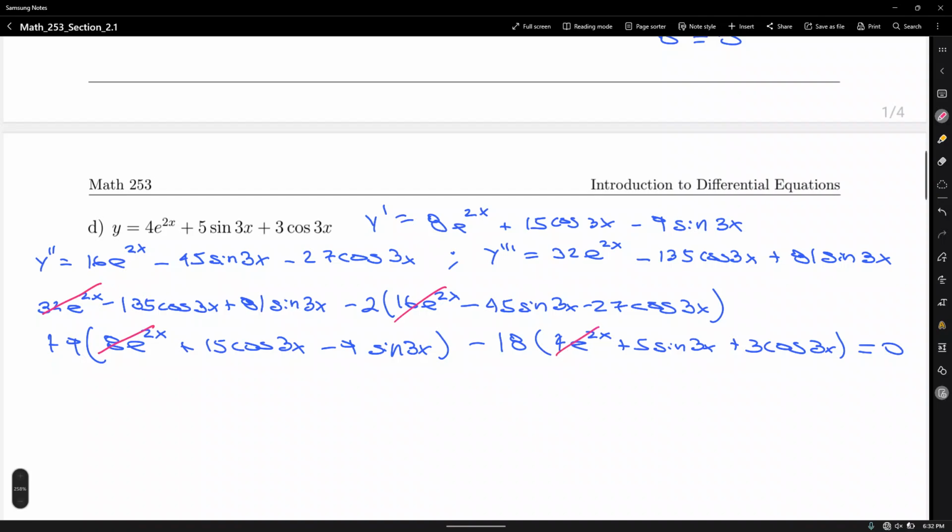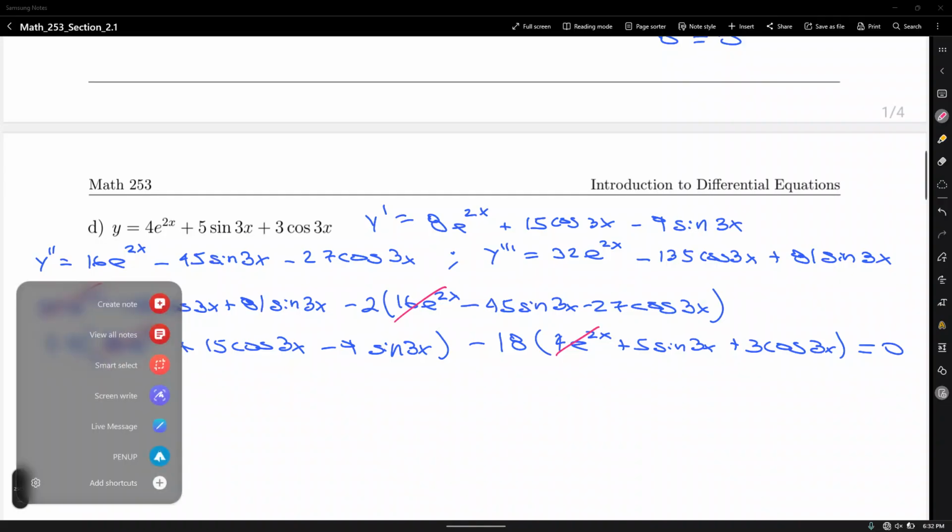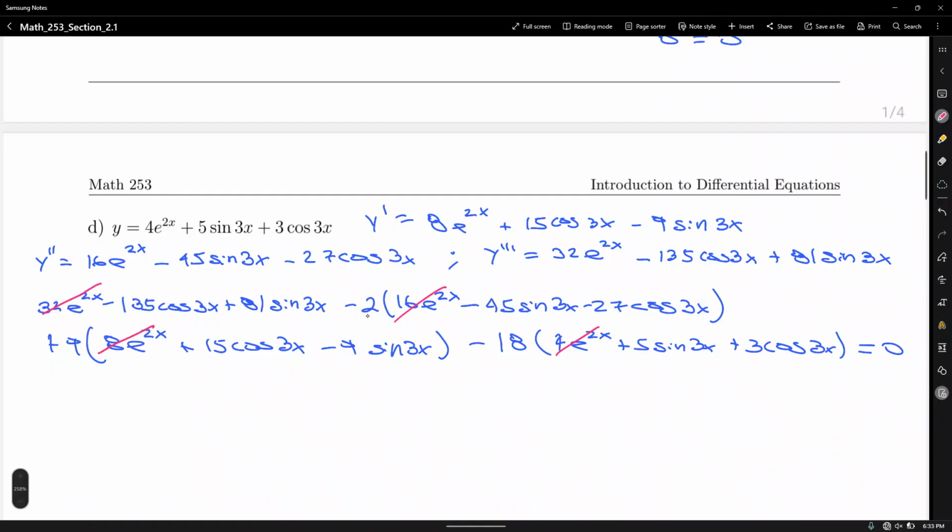Oh boy, the sines and cosines. Okay, so that's negative 135 cosines. 27 times 2, that's 54. And I'm going to bookkeep because I don't want to write the whole thing again, right?